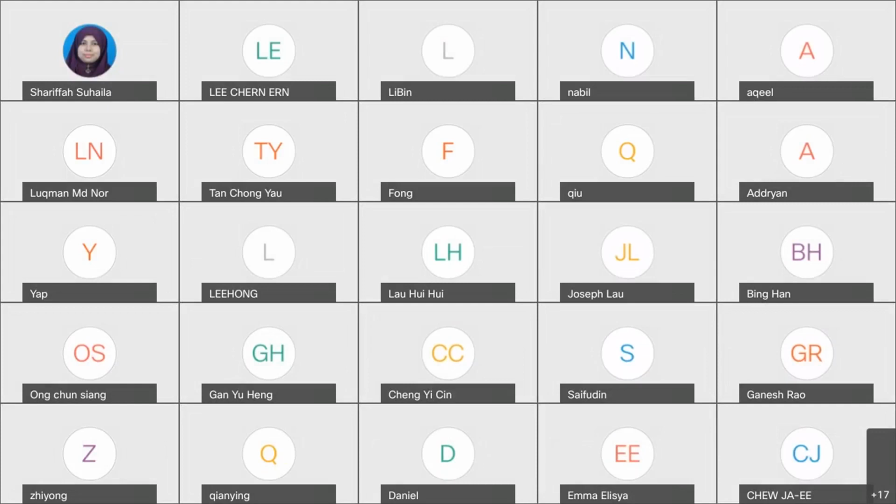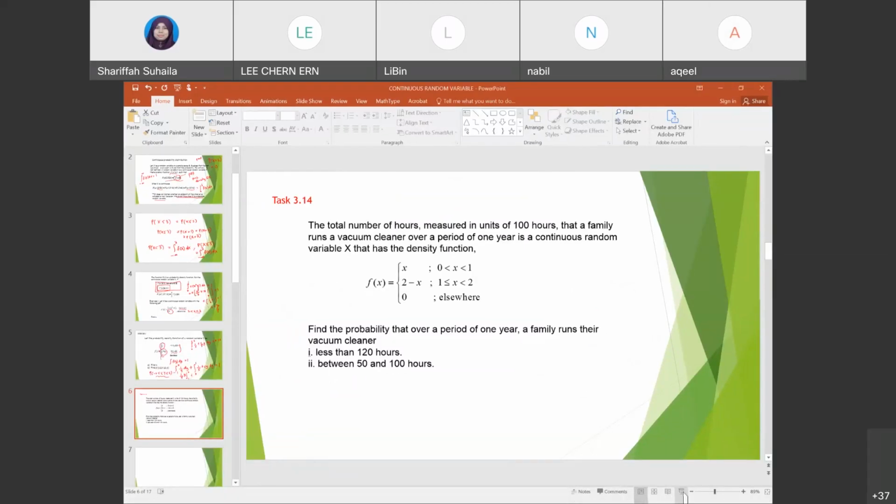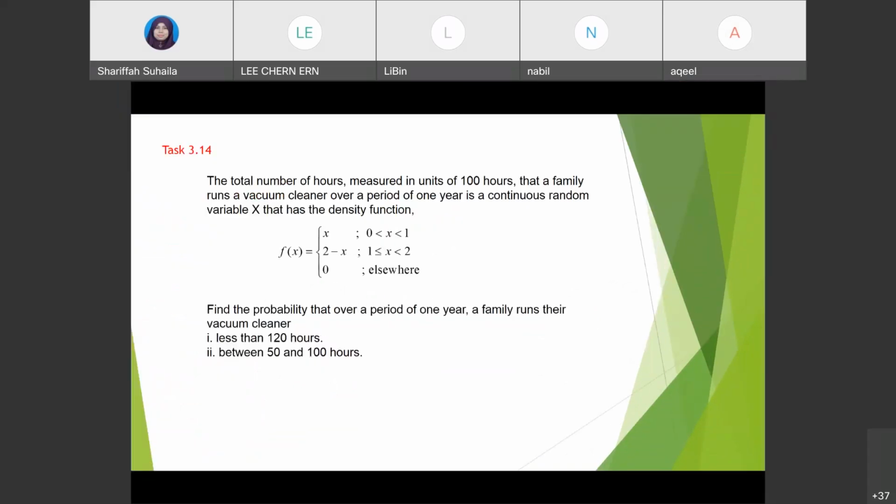Okay, task 3.14. So here you have total number of hours measured in units of 100 hours. Okay. A family runs a vacuum cleaner over a period of 1 year is a continuous random variable, and we have this density function. Okay. You have total number of hours measured in unit of 100 hours.